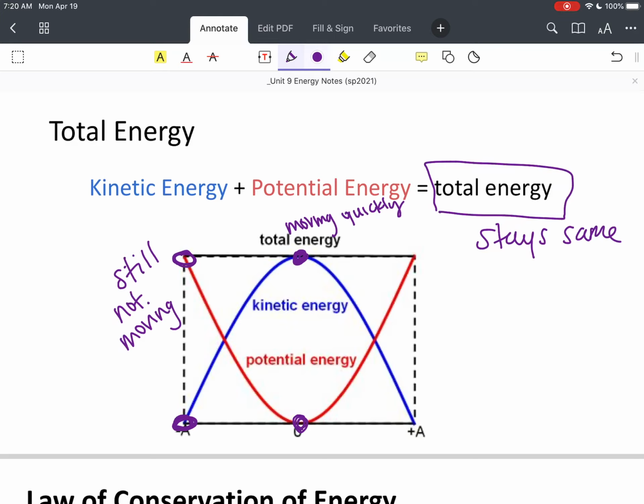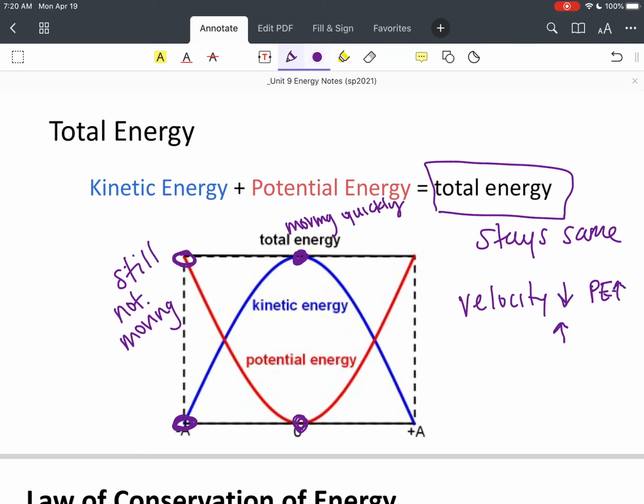And then I think there's a section in your notes about how mass affects potential energy and how velocity affects our potential energy. We can see here, based on this graph, that when our velocity is low, our potential energy is high.